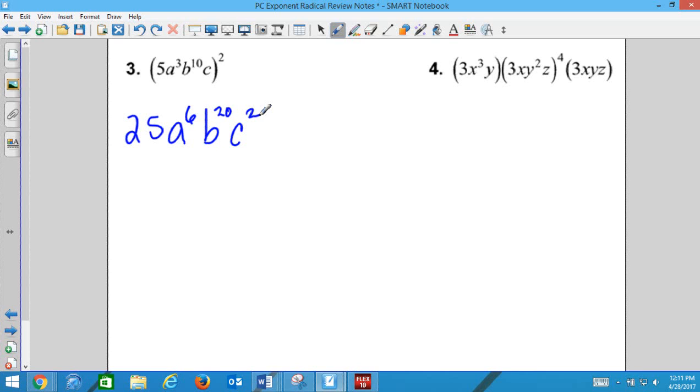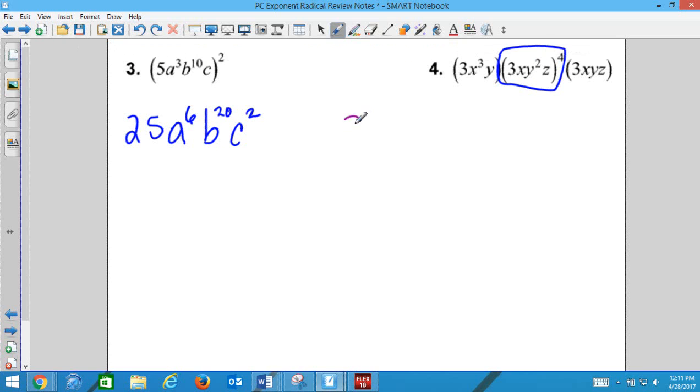Okay. Number 4, when we have more than one thing happening, we have to remember our order of operations. First order of operation is parenthesis, but if you go inside of the parenthesis, there's nothing to do. Our next order of operation is exponent. So we're going to do that fourth power before we multiply together all the parentheses. I'm going to change colors.